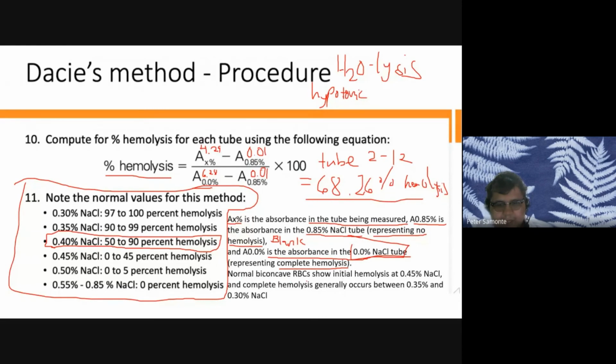Your normal biconcave RBC would show initial hemolysis at 0.45% NaCl, and complete hemolysis would occur between 0.35 and 0.30 NaCl. So 0.30 to 0.35, these two are your complete hemolysis. While your partial hemolysis, class, is between 0.36 to 0.45 NaCl.